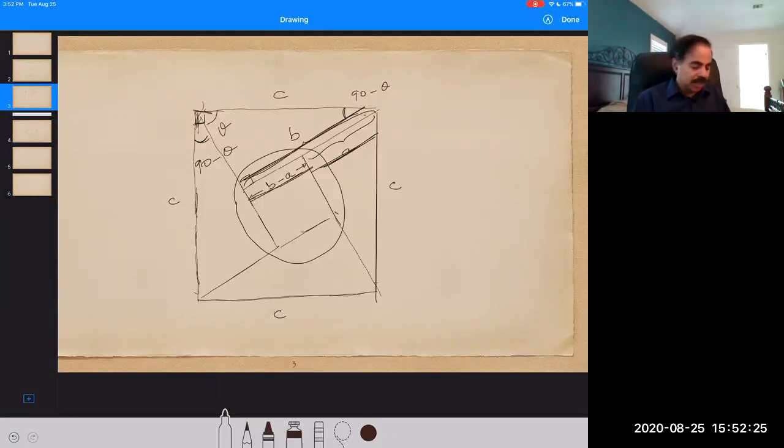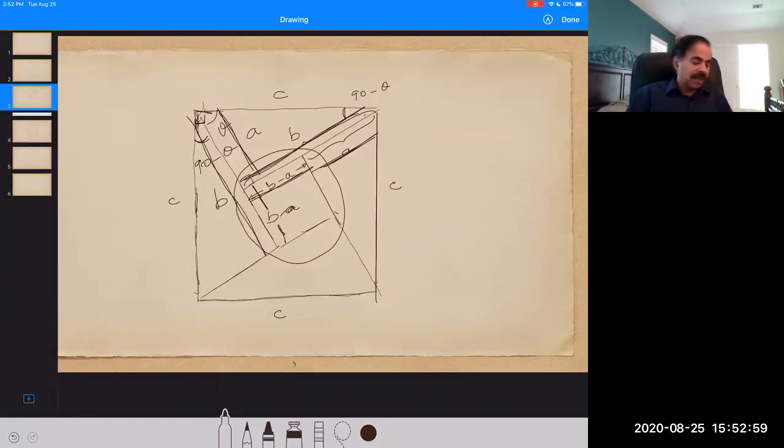And you can do the same reasoning looking at this length being B, and that length being A, and therefore you will get that this length is B minus A, okay? So that shows that this opening in the middle is a square of size B minus A, okay?